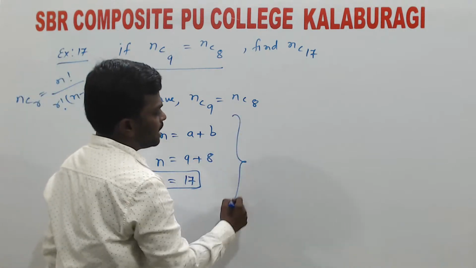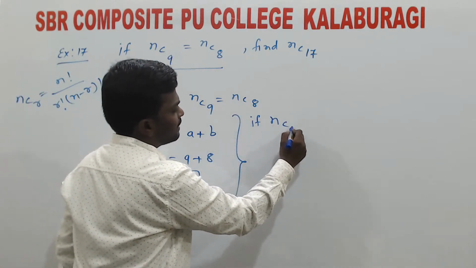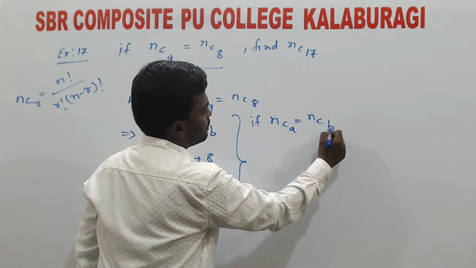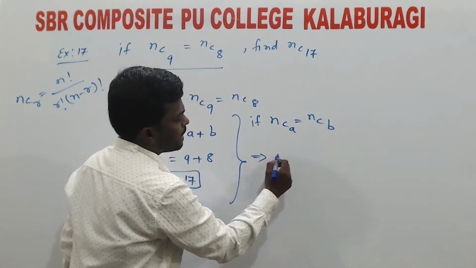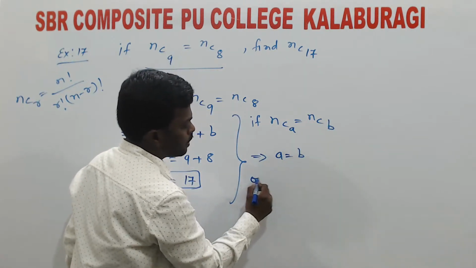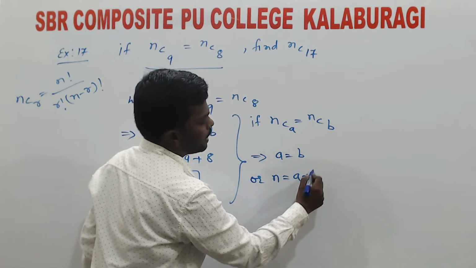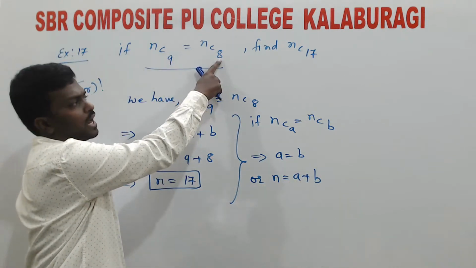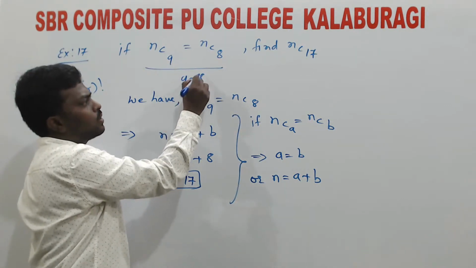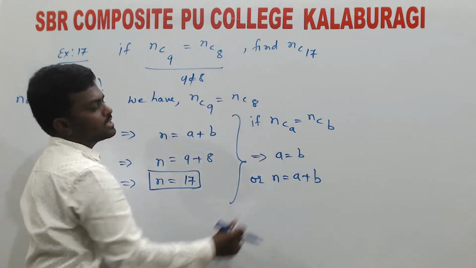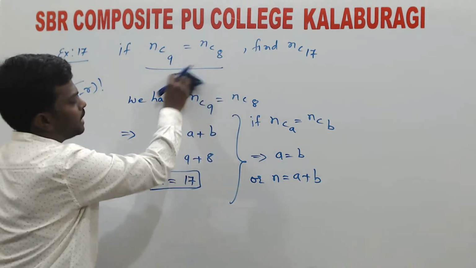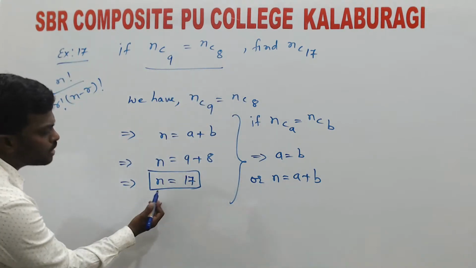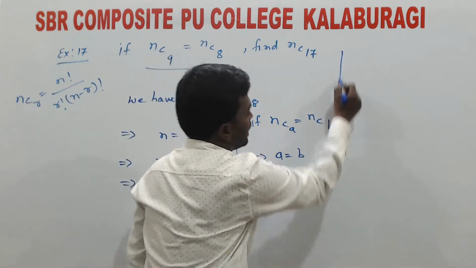What we have done here is used a property: if nCa is equal to nCb, it implies a is equal to b or n is equal to a plus b. Here a is 9, which is not equal to 8. So hence n is equal to a plus b, use the formula. So now we got n is equal to 17, right, students?